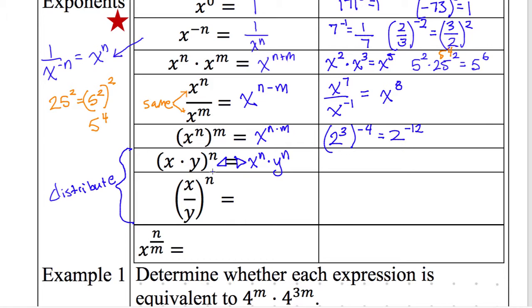Most people think you can only go forwards. So give yourself one example. So something like 3 times 2, all of that to the power of 4 is equal to 3 to the power of 4 times 2 to the power of 4. Again, do not copy my example. Change your own numbers. Make your own example.